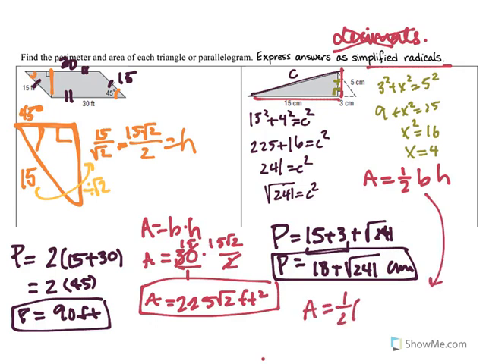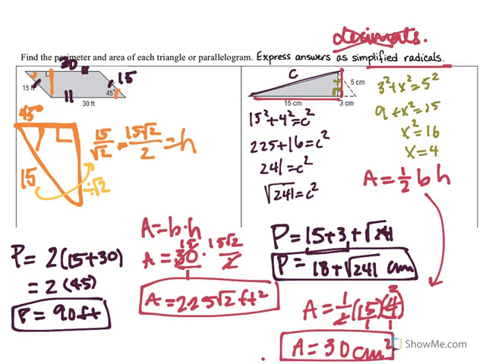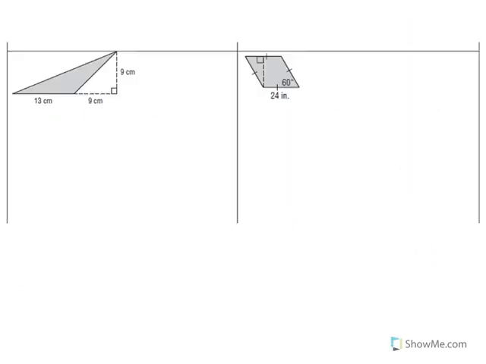Area equals 1/2 times 15 times 4. If you want to put all of these over 1, that works. You don't multiply 2 on top and bottom, it's just on bottom, the end. So 2 and 4 actually have a common factor of 2, so I'm left with 2, and so area equals 30 centimeters squared. Cool? Questions? Let me know. Got 2 more to do.